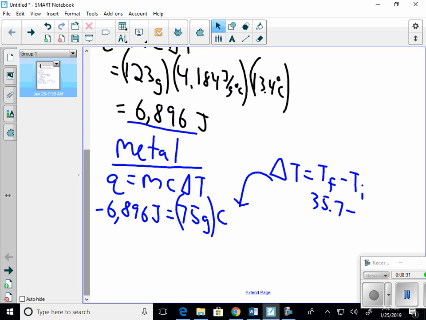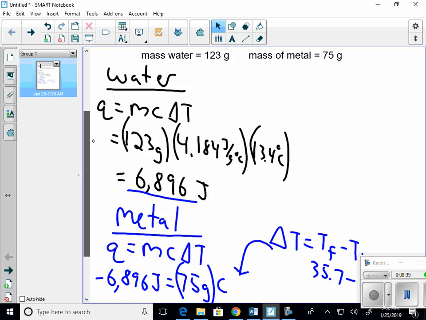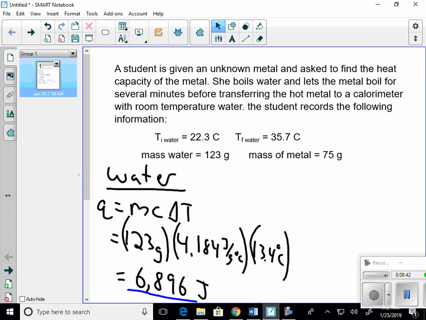What's the initial temperature of the metal right before I put it in my styrofoam cup with water? And if it helps, I can remind you of that step in the procedure. The student boils water, that's why you have ring stands with water there, puts the metal in the water, and then eventually takes it out and puts it in the styrofoam cup.